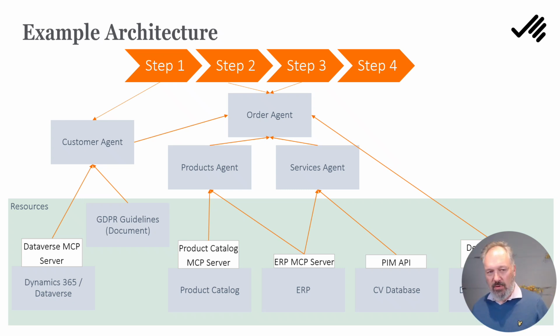Step 3 is that we validate the order and see that it actually seems to be correct. And step 4 is that we send that order to an order confirm, or an actual quote generating functionality or order confirmation document generator or something like that. That will generate the documents and then send that over to the customer.